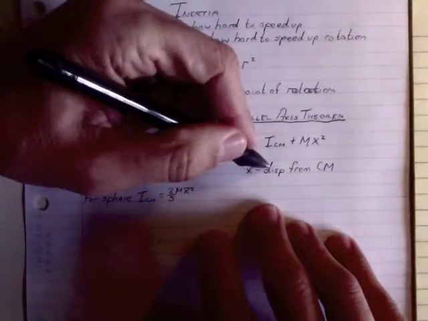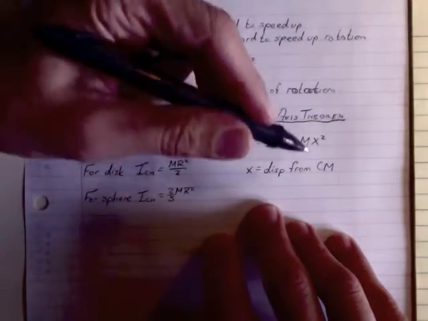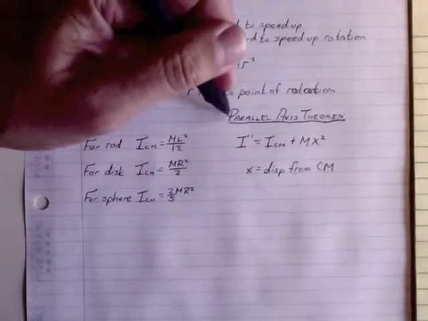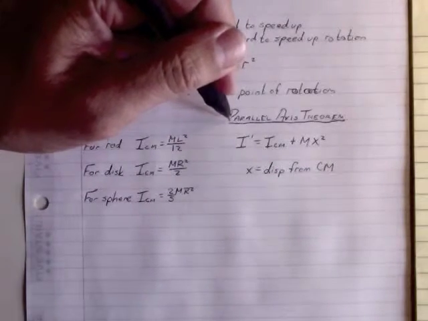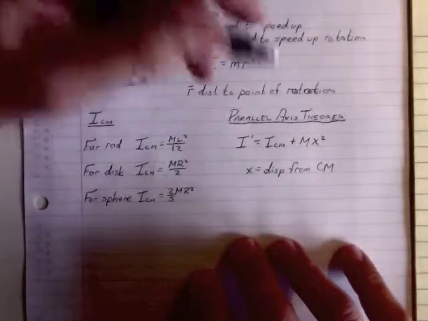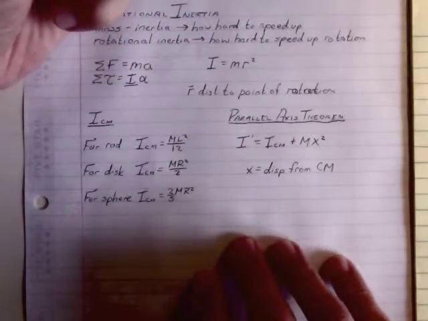In other words, how far our axis is away from the center of mass. This is only true if the axis we rotate it through is parallel to the axis we started with.